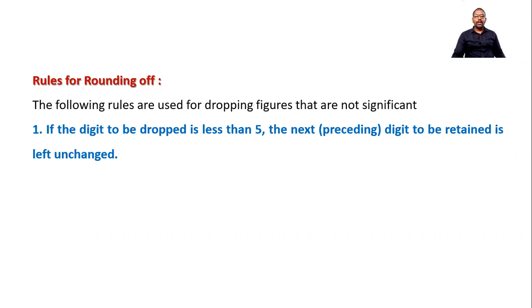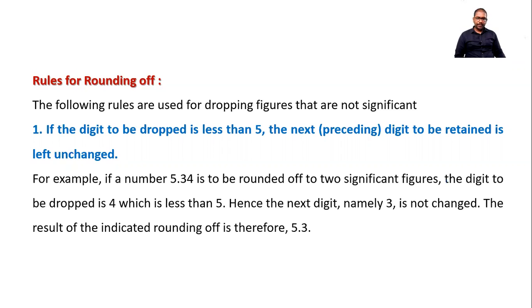The first rule: if the digit to be dropped is less than 5, the next digit to be written is left unchanged. For example, you can see a number 5.34 to be rounded off to two significant figures. Then we have to drop this number 4, then only we get a number with two significant figures.